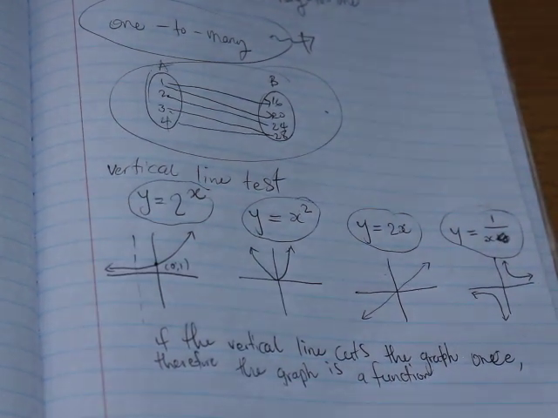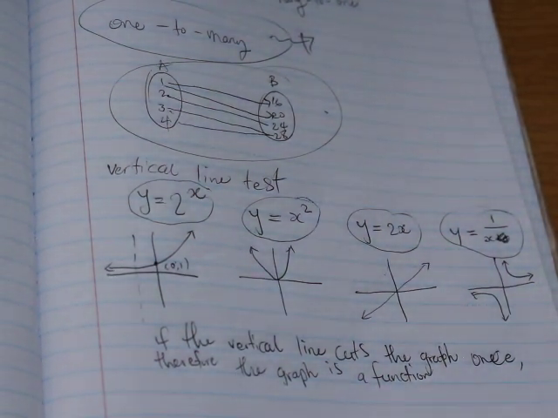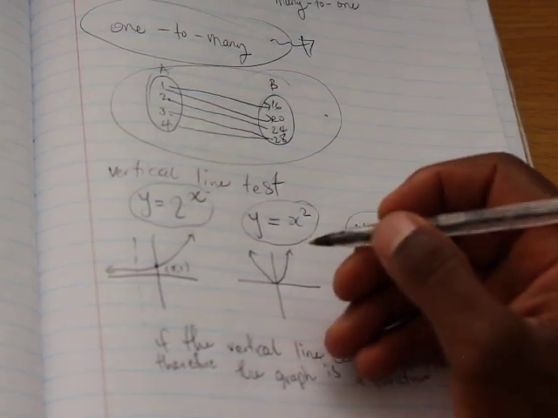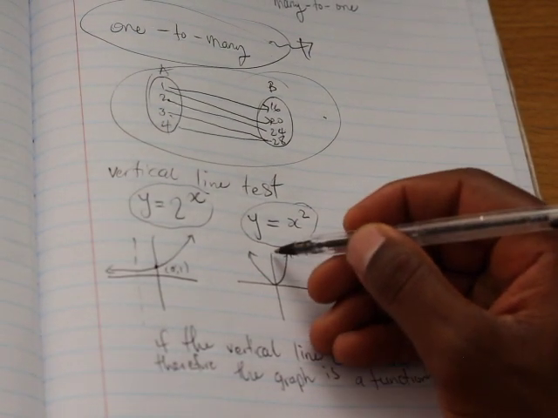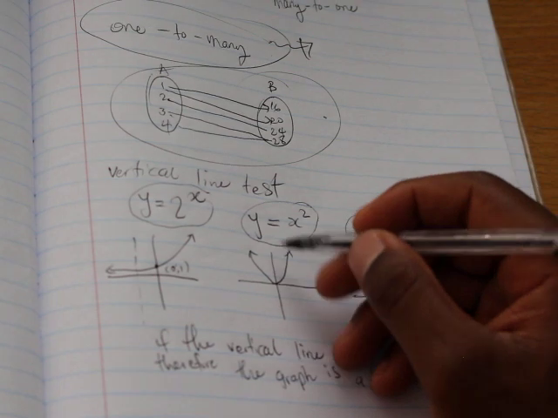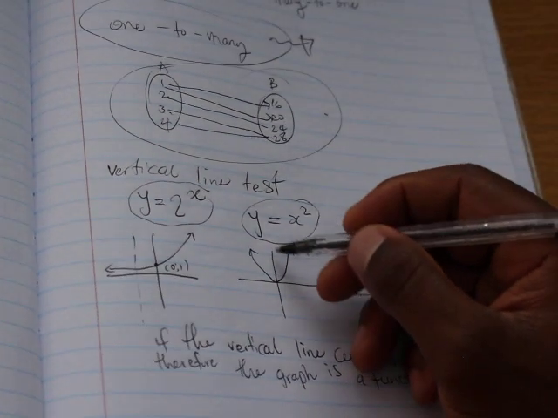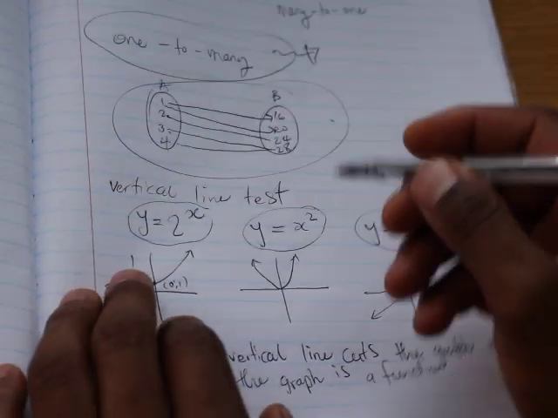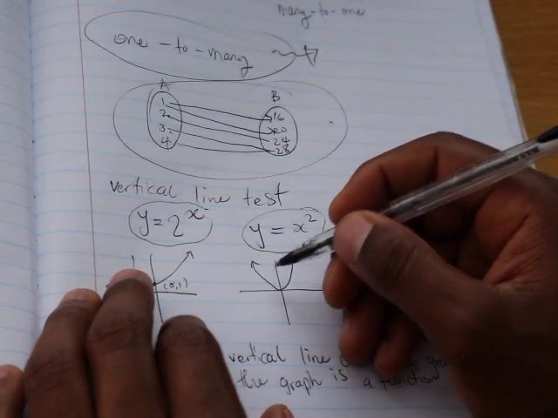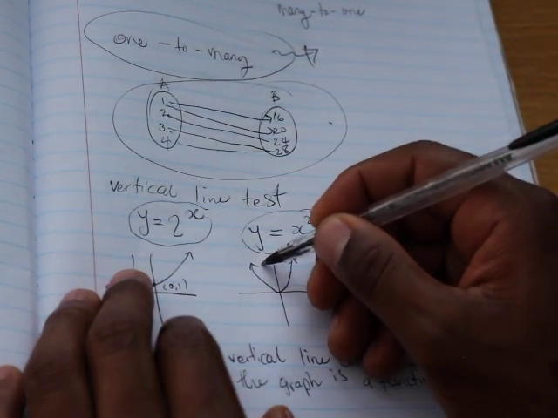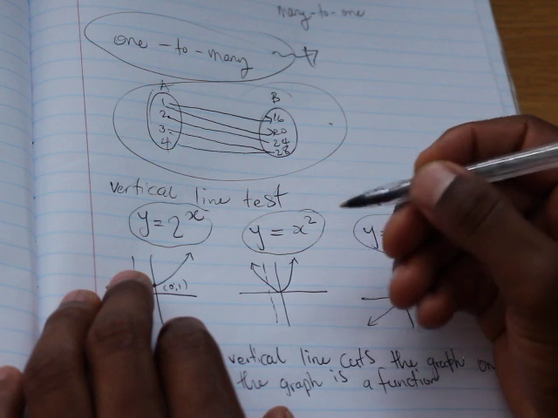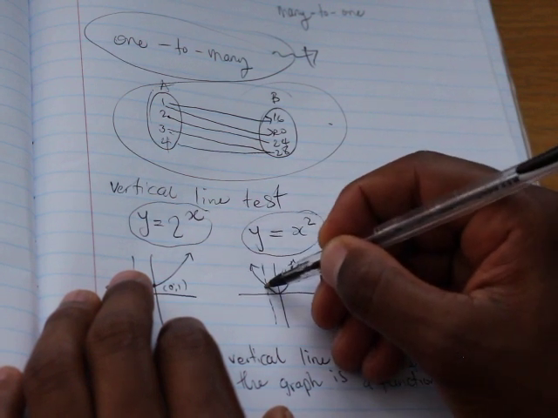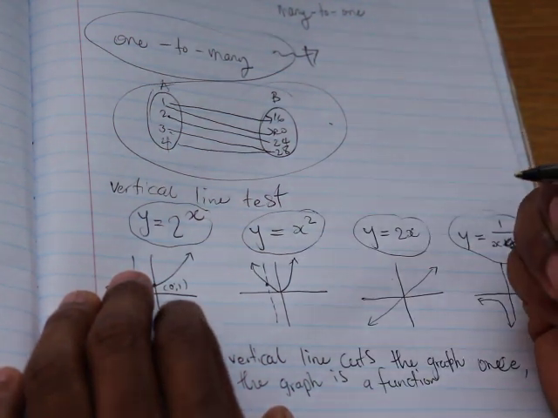Simple and straightforward, ladies and gentlemen. So you just draw a straight line. In fact, here we already have our straight line, which is the y-axis. You can see that it cuts the graph once. So let's draw our own. It cuts the graph there only once. Do you understand?